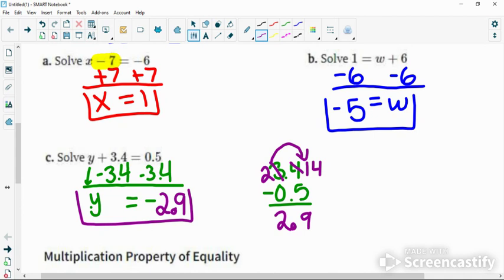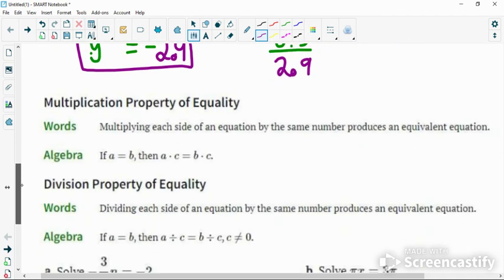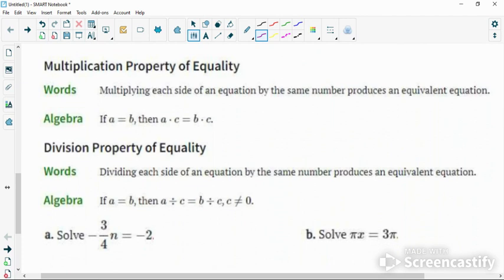We're going to next look at our third and fourth properties. We're going to pick up with the multiplication property of equality. In words, multiplying each side of an equation by the same number produces an equivalent equation.